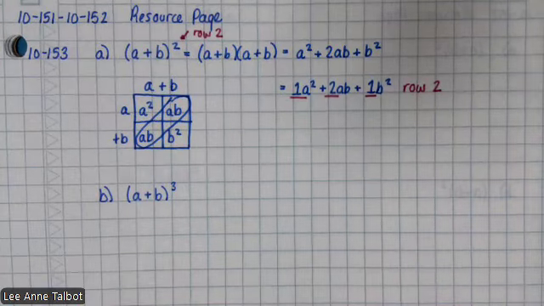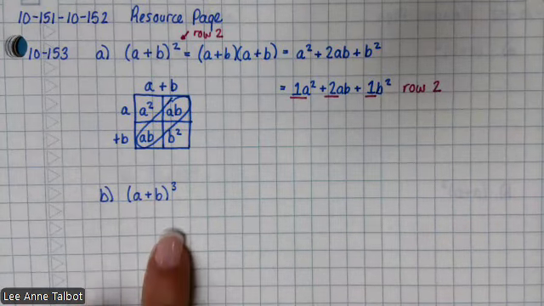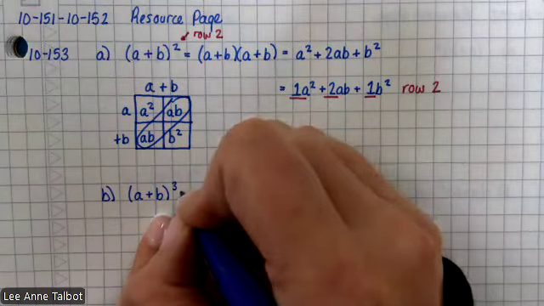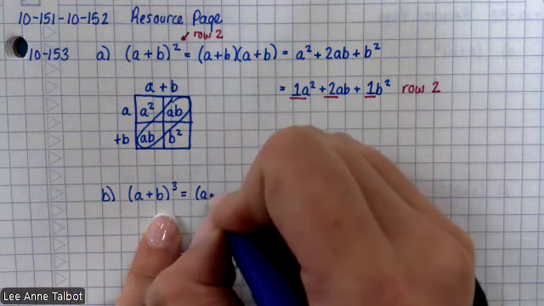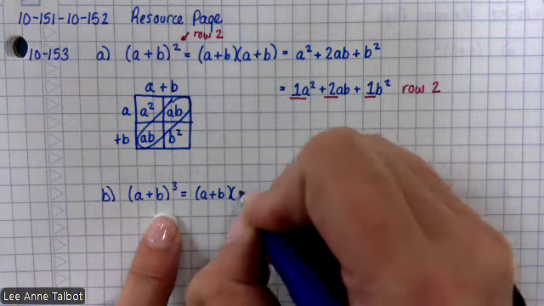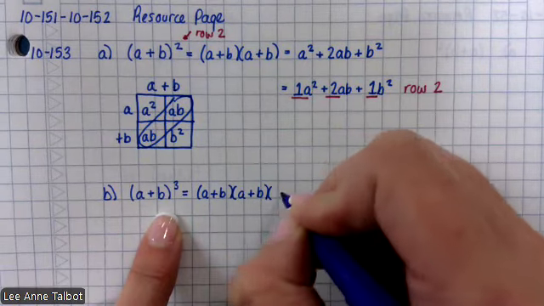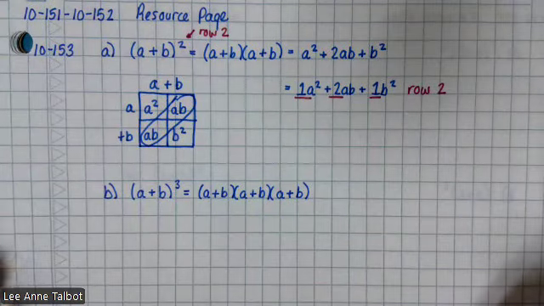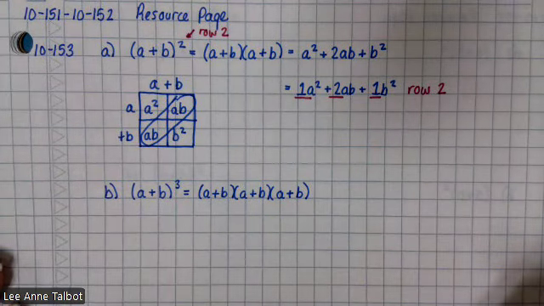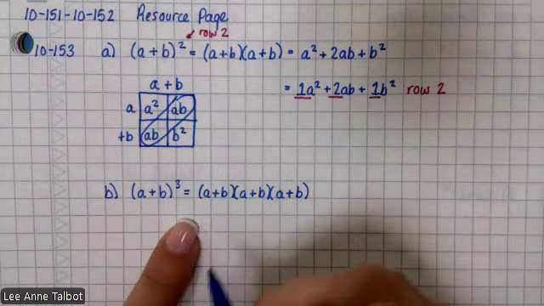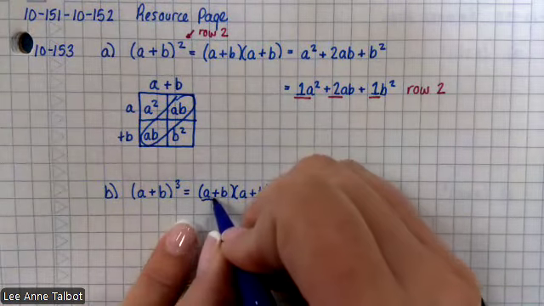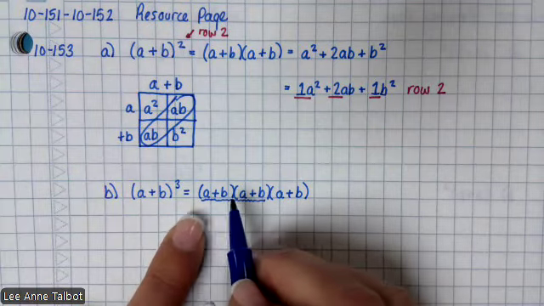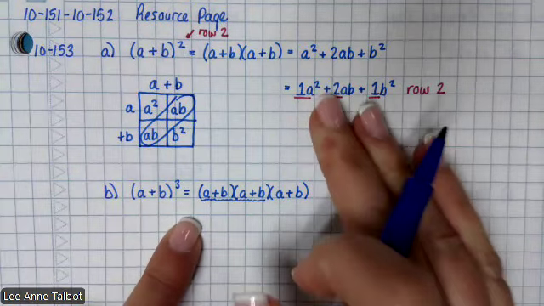Okay, now part B, we're going to take this one more step. So this time I have (a + b)(a + b)(a + b). I hope most of you can tell that if I multiply the first two, I would get the answer from my previous problem.